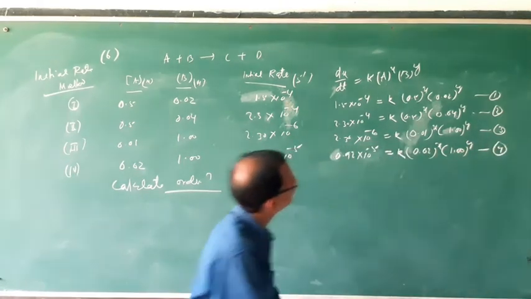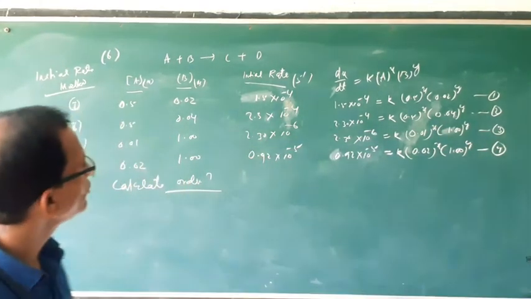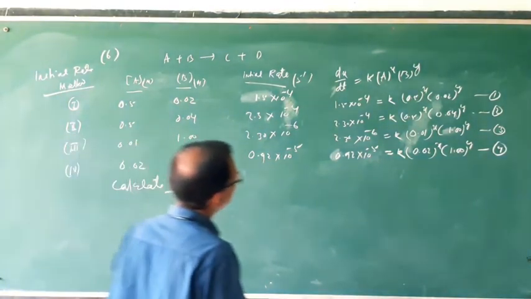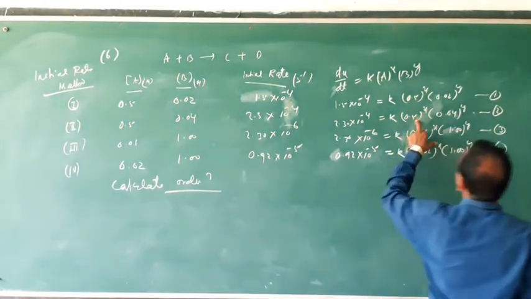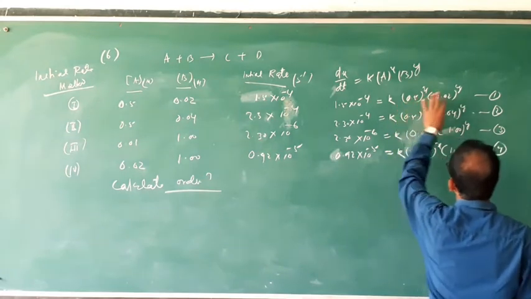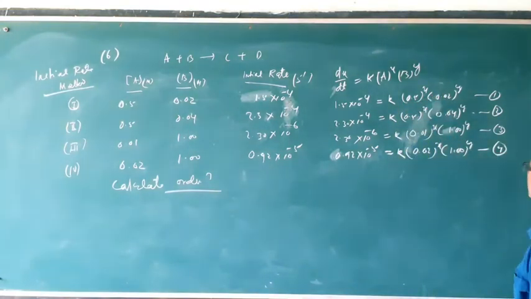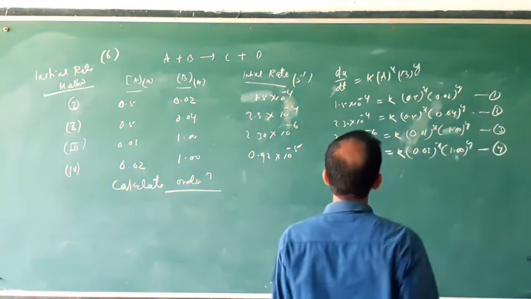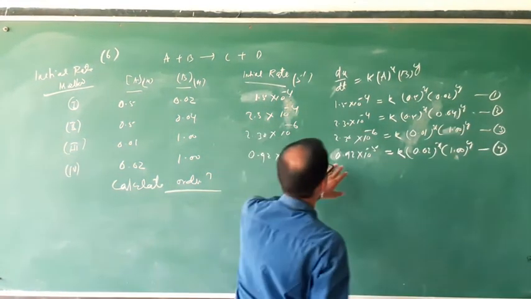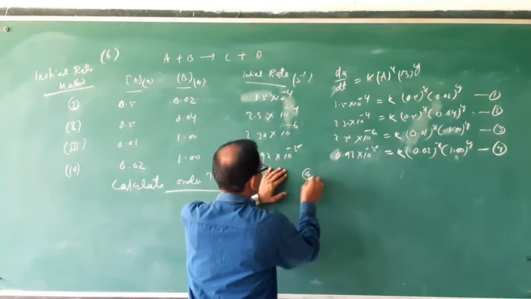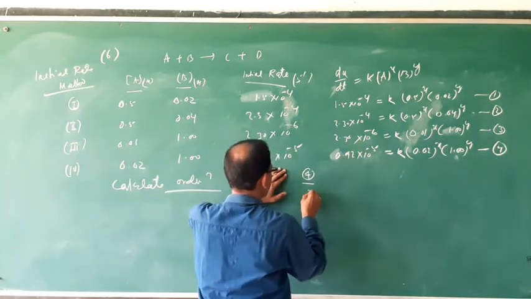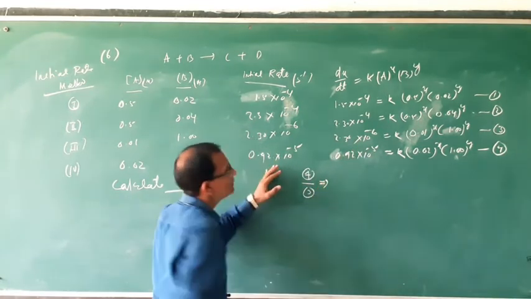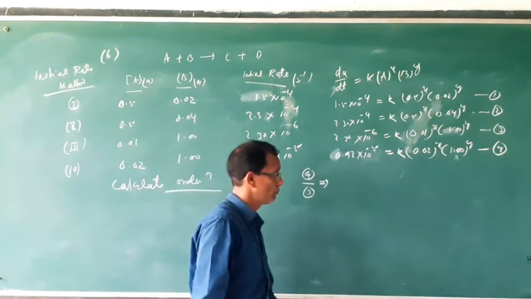You see all four equations. How can you calculate the x value? To calculate the x value, the y coefficient should be the same. Here the coefficient is the same, so it can be cancelled. So you do equation 4 divided by equation 3. This is the procedure.